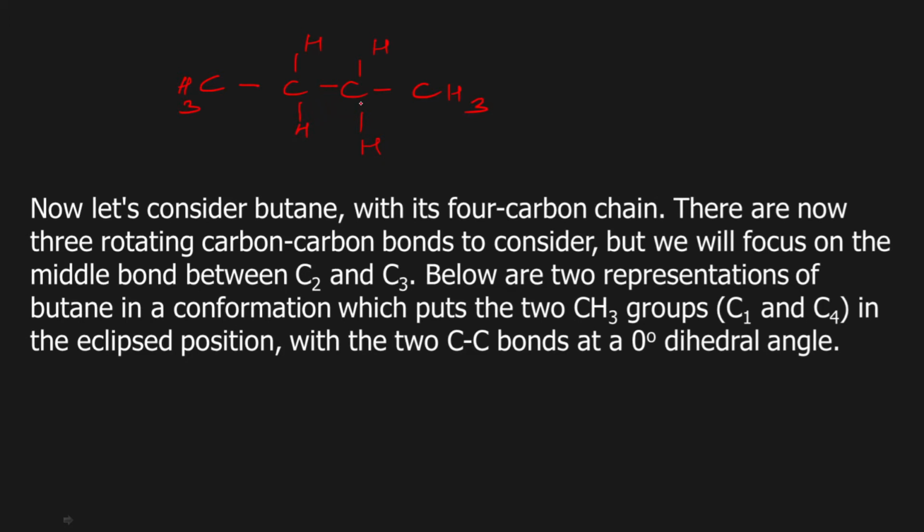So we will only focus on the rotation between carbon atoms number 2 and 3, keeping carbon atoms number 1 and 4 as the substituents of carbon 2 and 3. And that is how we are going to discuss the dihedral rotation and how the rotation by 60 degrees is going to affect the energies in all the conformations.